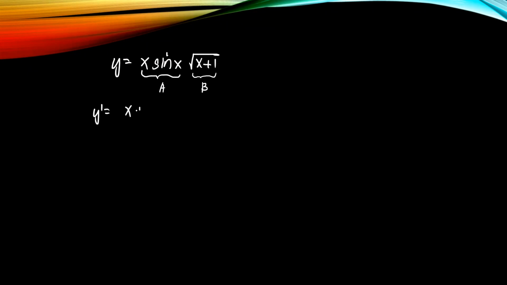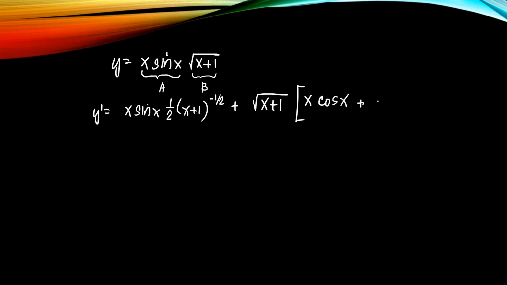Copy the A. Derivative of the B is 1/2 x plus 1 to the negative 1/2 plus copy the B, derivative of the A. Now, the derivative of A is copy the first, derivative of the second, plus copy the second, derivative of the first. Can you follow, guys?